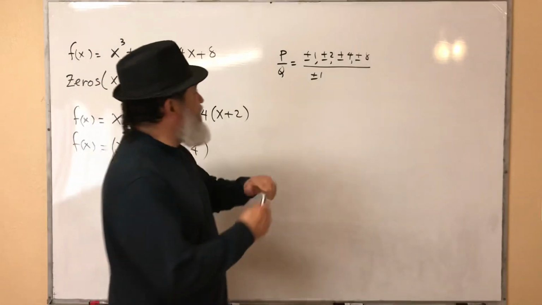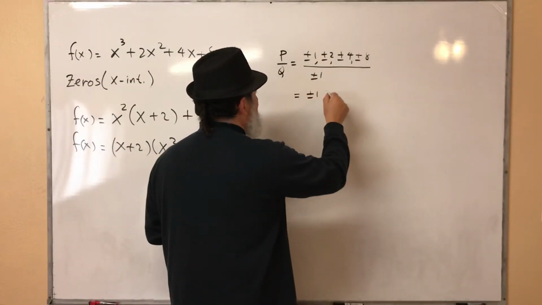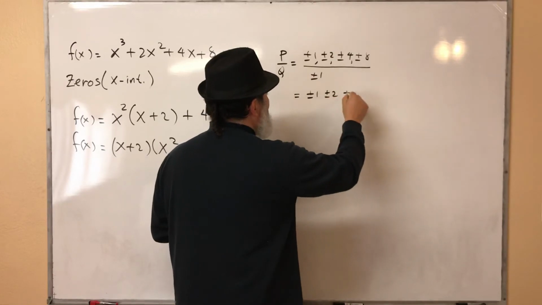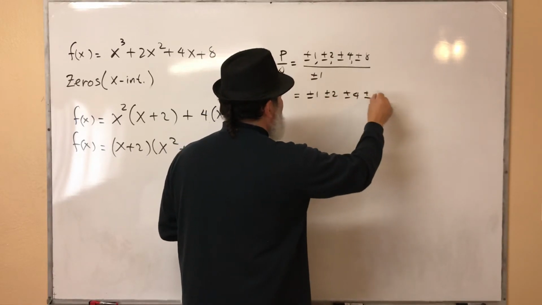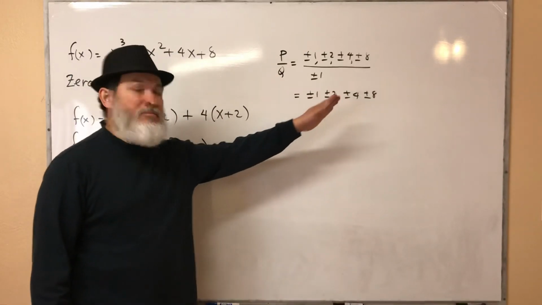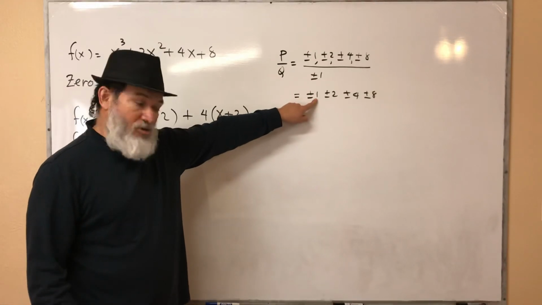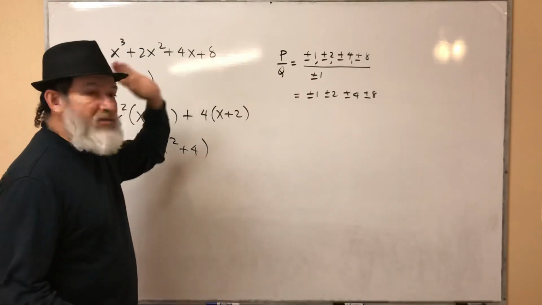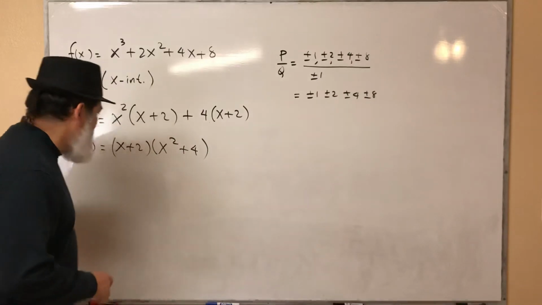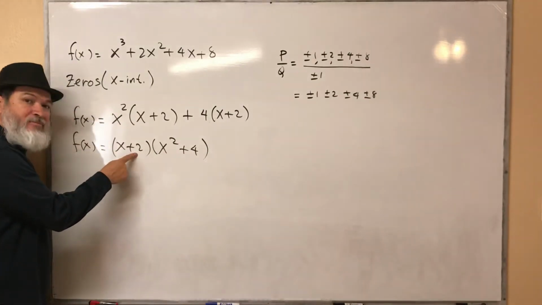Now you divide, and so what do we get? Plus minus 1, plus minus 2, plus minus 4, plus minus 8. You can go down the list. This is not a zero. You can try it, but it's not a zero. I can tell you right away because we just found one of them: negative 2.